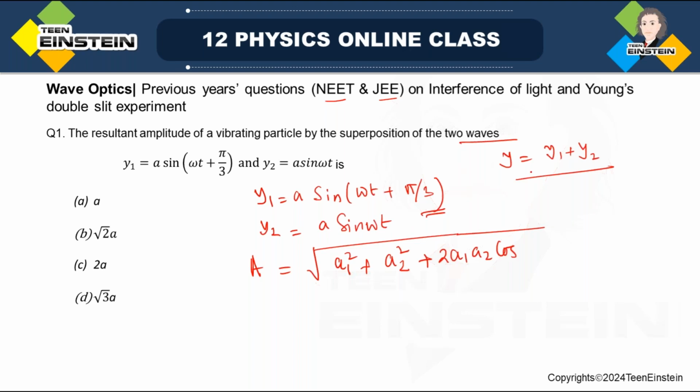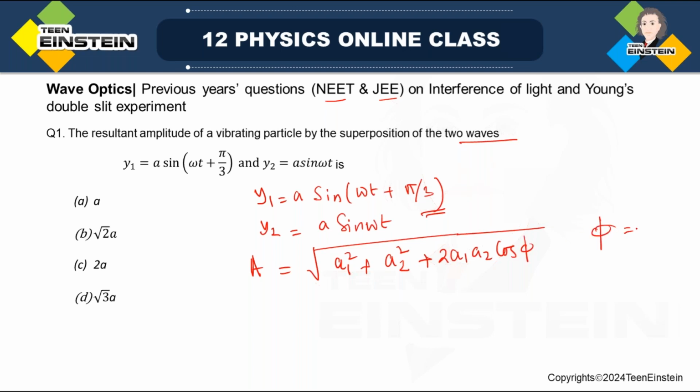But that will be a bit lengthy. So if you remember the formula for the resultant amplitude, if you have two waves of different amplitudes a1 and a2, then the amplitude will be the square root of a1 square plus a2 square plus 2 a1 a2 cos phi. Phi is the phase difference.